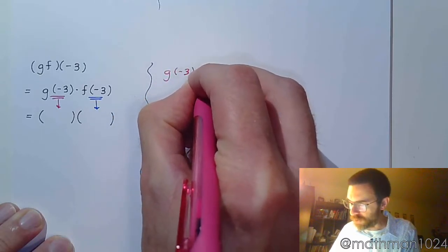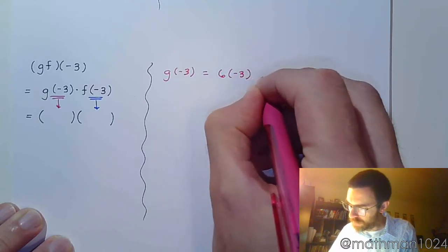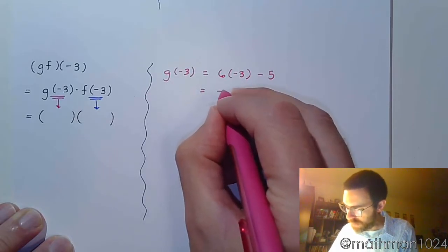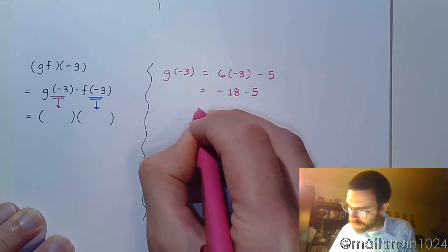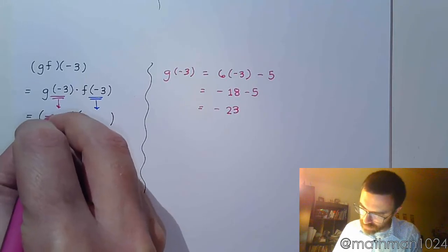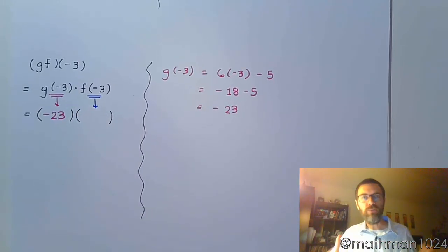Looking back at the functions at the top of the page, that means 6 times negative 3 minus 5. So working this out, negative 18 minus 5 gives us negative 23. So just pop that guy in right here, like that. And there you go. You're halfway done, right?